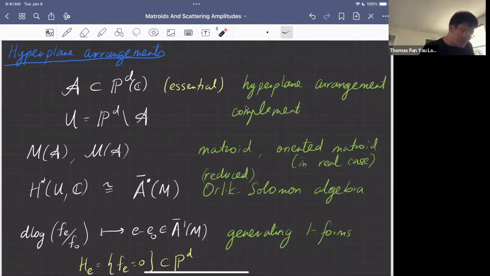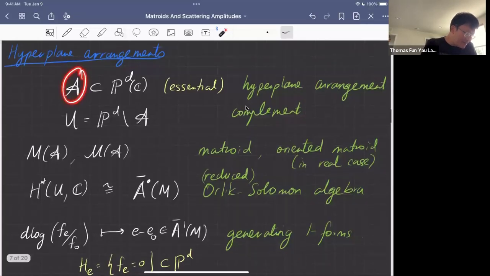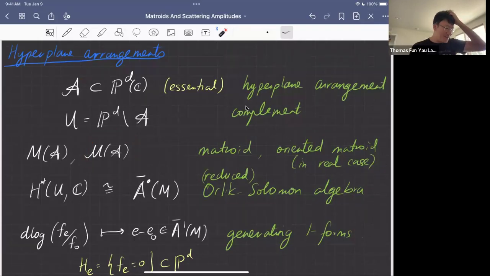It's also an open subset of affine space because of the essential condition. Associated to this arrangement, I'll have a matroid M, and sometimes I'll also need the oriented matroid. At least in the beginning, it's enough to just think about matroids. Later on, I'll assume that this is a real hyperplane arrangement and use the oriented matroid, but for now, just the matroid will do.